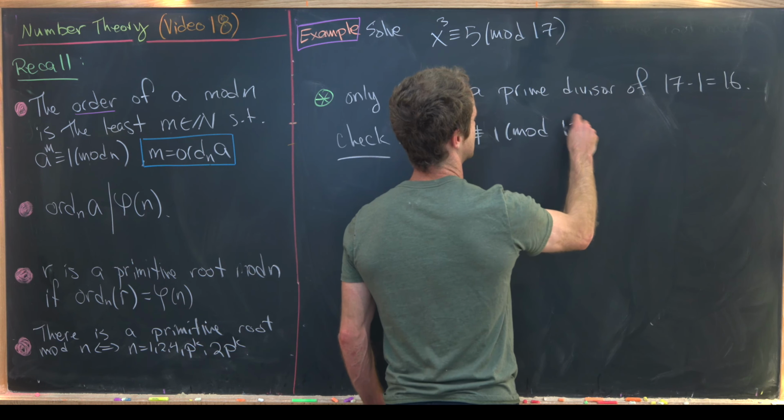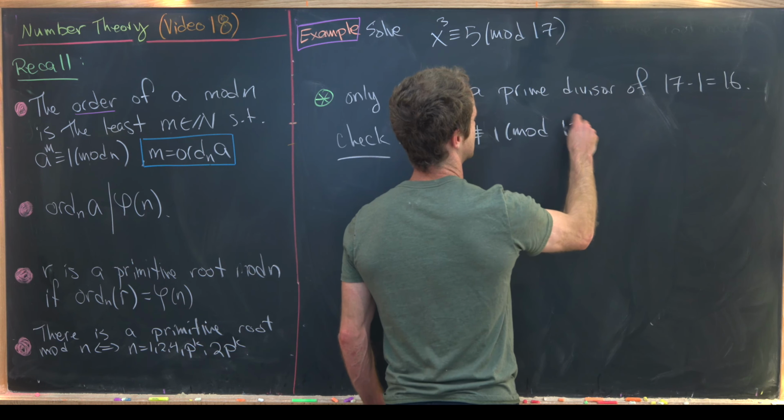Now we'll start reducing mod 17. 27 is congruent to 10, so here we have 10 times 10, which is 100, times 9, which is 900 mod 17. Now you just have to reduce 900 mod 17. I'll let you check. That is, in fact, equal to negative 1 mod 17. But negative 1 is not equal to 1, so that tells us that 3 is a primitive root.